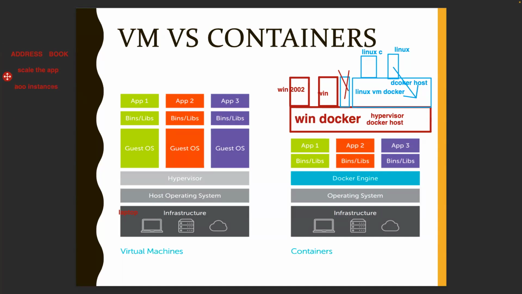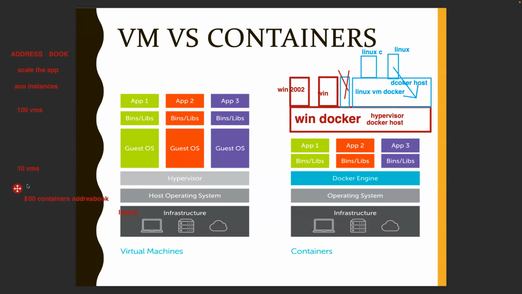If you want to run 100 instances using VMs, you have to start 100 virtual machines. Am I correct? That is not ideal. 100 VMs consume a lot of resources, with costly maintenance and management, even though you create them on cloud. It is also time consuming. What I'll do instead is create maybe 10 VMs. On top of them, I can run 100 containers running address book, which is a very effective solution.